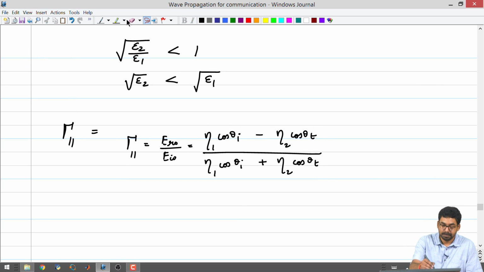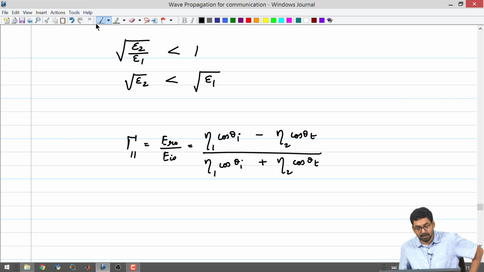So, I have gamma parallel is equal to eta 1 cos theta I minus eta 2 cos theta t divided by eta 1 cos theta I plus eta 2 cos theta t. This is the expression that I have from the previous class. Okay. And I want to take the scenario where the sin theta t is precisely equal to 1.